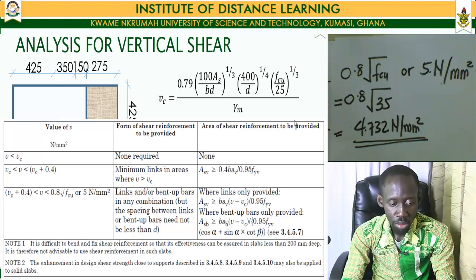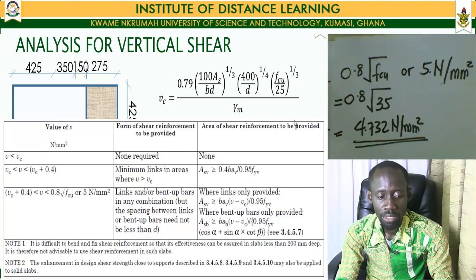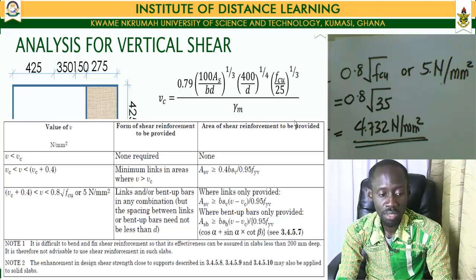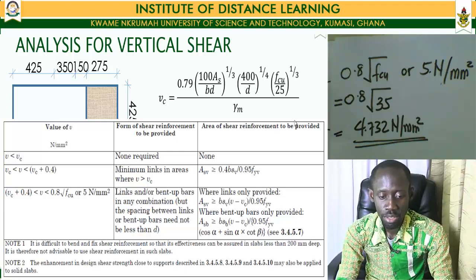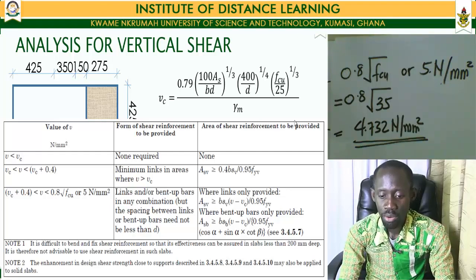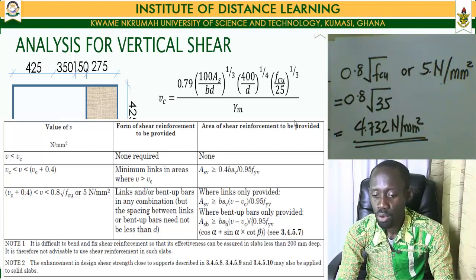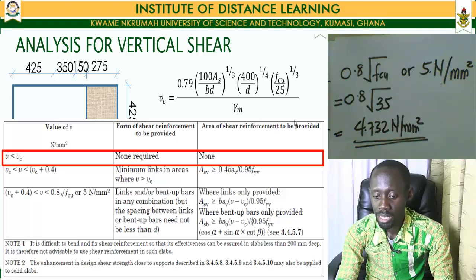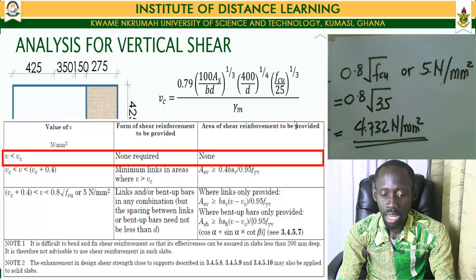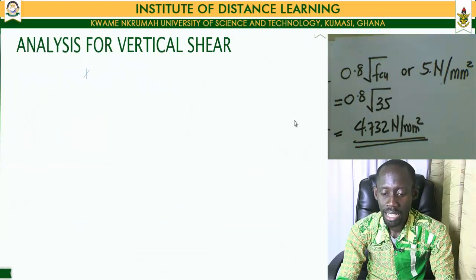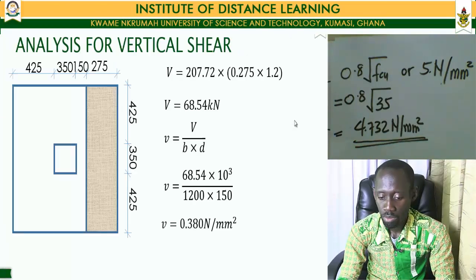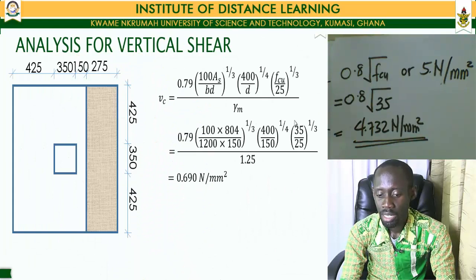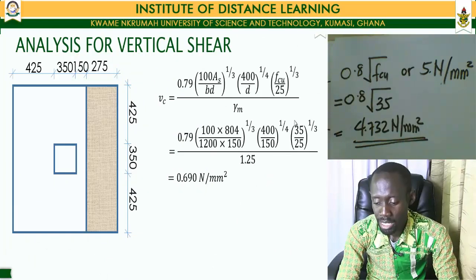From the first side of the table, it says that if our shear stress value is less than our VC value, then no shear reinforcement is required, and therefore the area of shear reinforcement to be provided is stated as none. Comparing our shear values, we had a shear stress value of 0.380 newtons per millimeter squared, whereas our shear capacity has a value of 0.690.